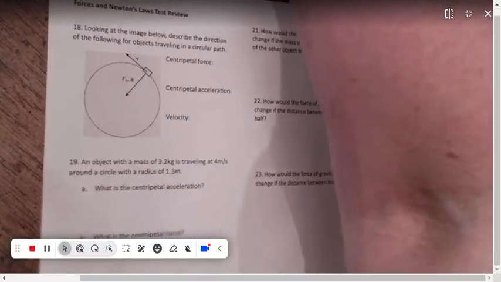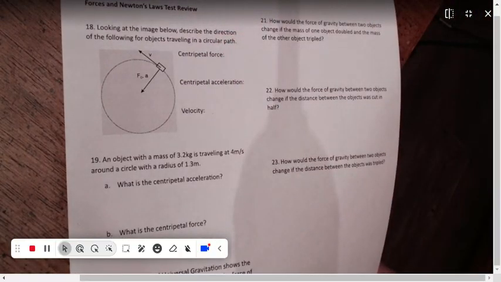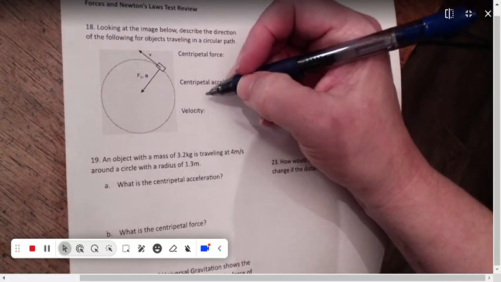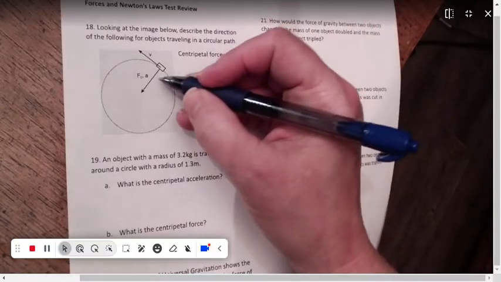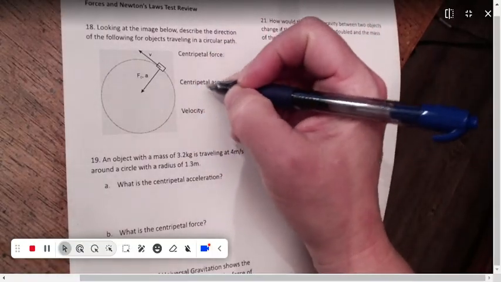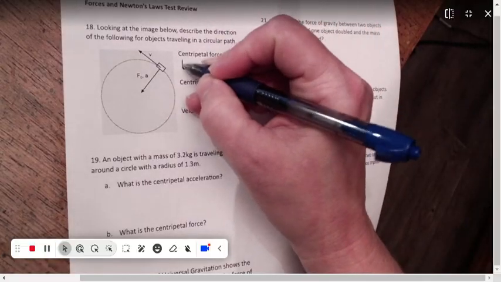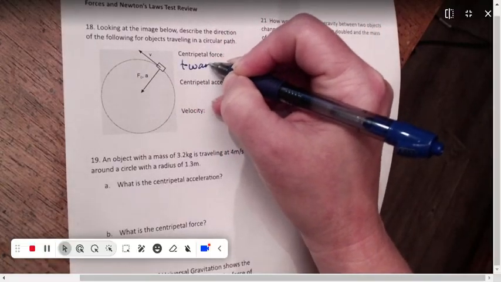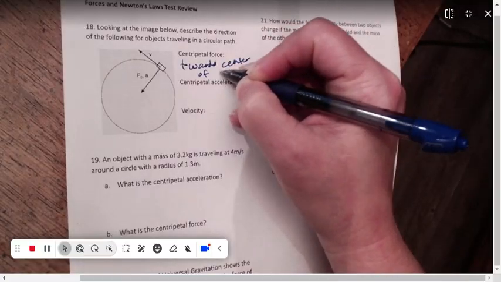Okay, so last questions have to do with circular motion, which we just talked about, and then gravitation, which we're actually talking about today. So here is an object going in a circular path. We want to describe the direction of these vectors. My centripetal force, that's my force keeping it in the circle, is towards the center of the circle.